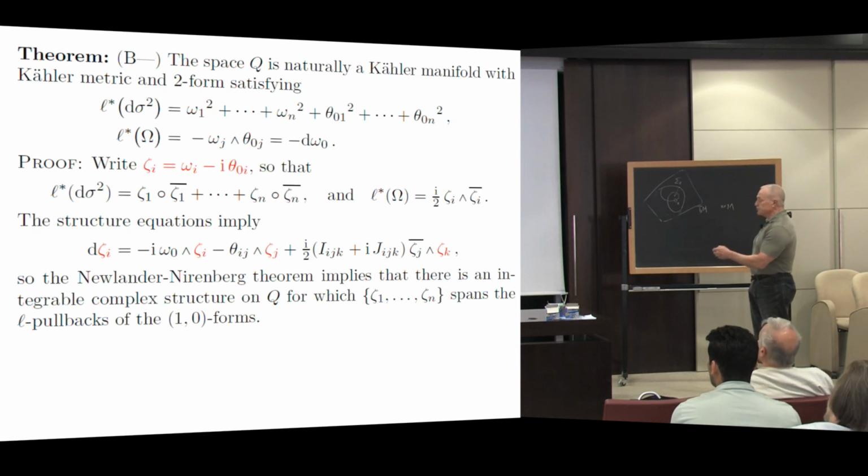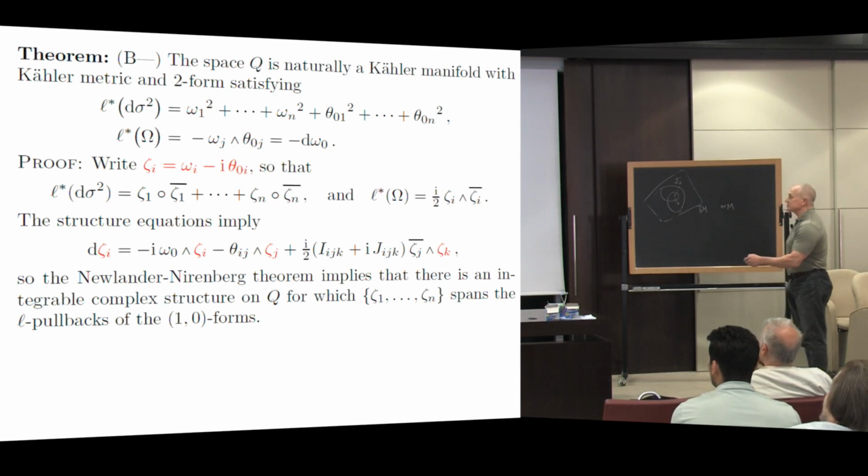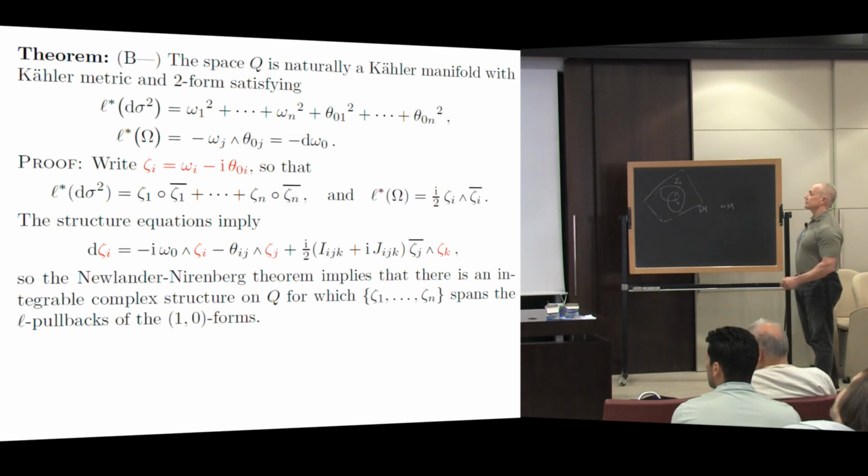Now, the fact that you can do this is not so surprising. That's just algebra. But the interesting thing is that the structure equations, which were on the last slide, which gave the formulas for d omega_i and d theta_0^i, when you combine them and take d zeta_i and expand it out, you find that each d zeta_i is a linear combination of the zetas.